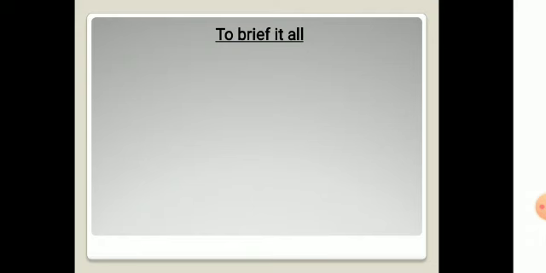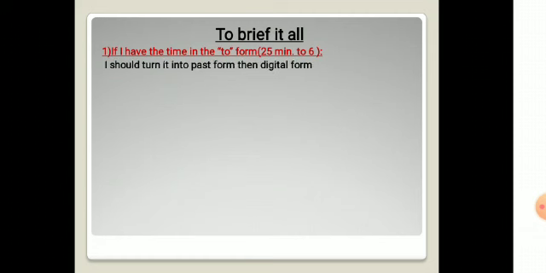Okay. To brief all of this, grade 4, concentrate. First of all, if you have the time in the to form or the past form, you should first convert or turn the time from the to form to the past form, then to the digital form. As we said before, I can't solve any word problem or question relating to time interval without the time in its digital form.